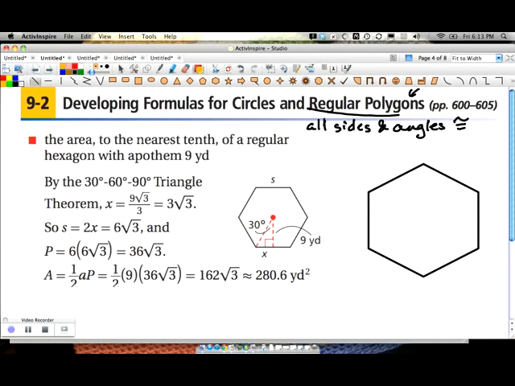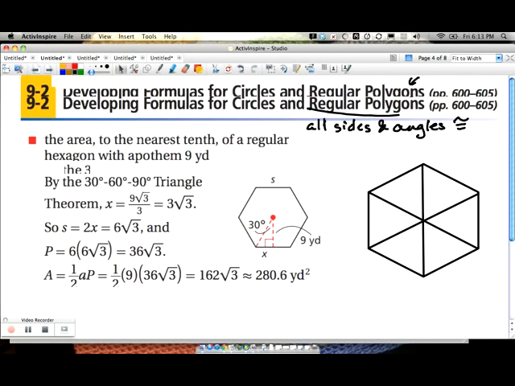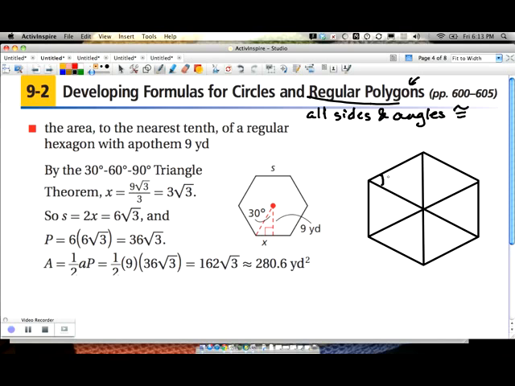so when I'm looking at this, I notice that if I were to draw these diagonals across here, this would split up into 6 equilateral triangles. Now if this was truly regular, those would all be very equilateral triangles. That's just what happens with regular polygons. So now I notice that this is 60, 60, and 60.